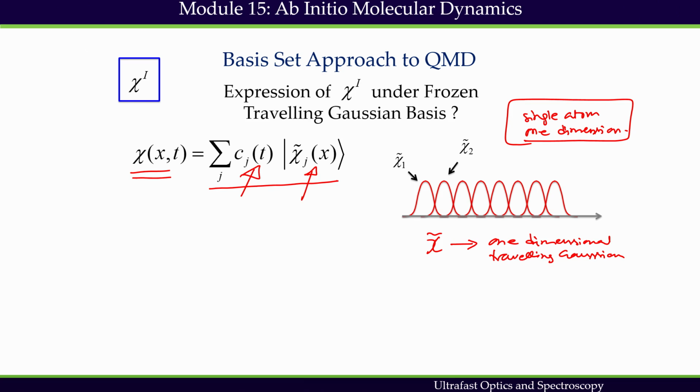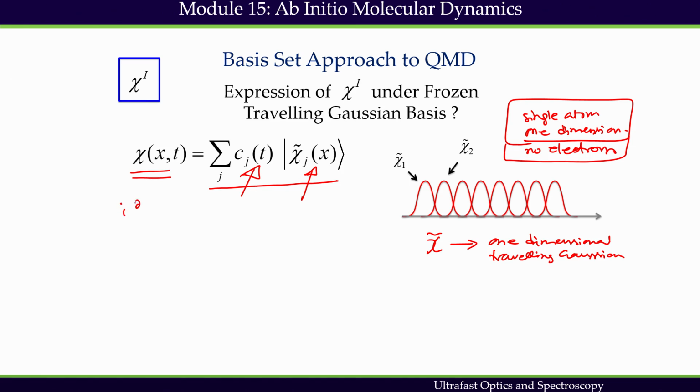Also, we are not considering any electrons, so we do not have an electronic wave function. It's just an assumption. Under this assumption, we'll try to understand what is going on if we plug that into the time dependent Schrodinger equation.